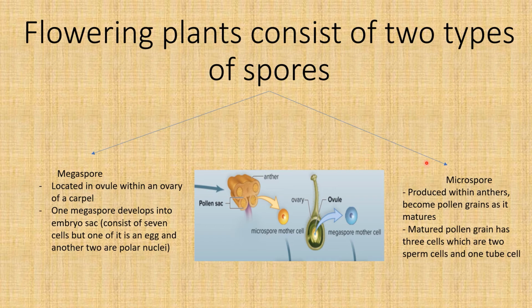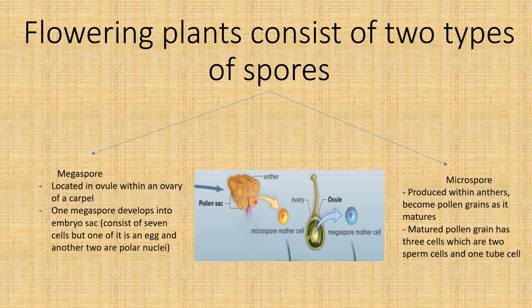Okay. This is a microspore which is produced within the anthers that becomes pollen grain as it matures. You see here, this is the anther, right? Inside, the filament is this part, the stalk. This is the dot-like thing, which consists of 4 parts.